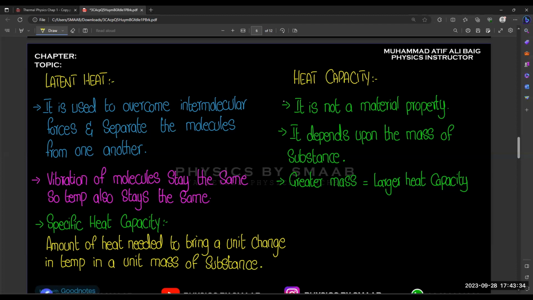So basically, if you want to find a proper specific value for any material, you need to take a unit mass of any object or any material or any state. Just like if you are going to find out how much heat is required for 1 gram or 1 kg of water, you need to take a unit mass. That will help you find the exact value of the amount of heat you are providing to a specific amount of substance.